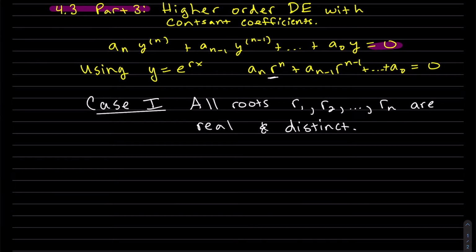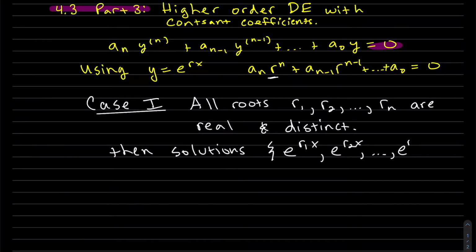Then our solutions are e to the r1x, e to the r2x, e to the rnx. And there's n of them because this is an nth degree. We should have n distinct independent solutions, and because they are all different, they are all independent.